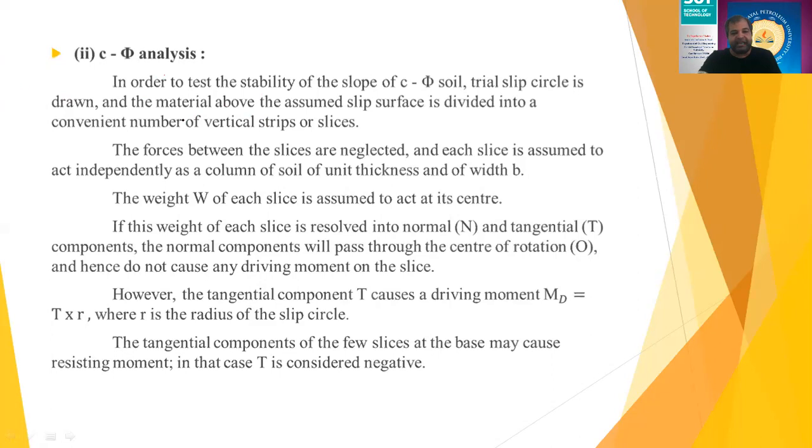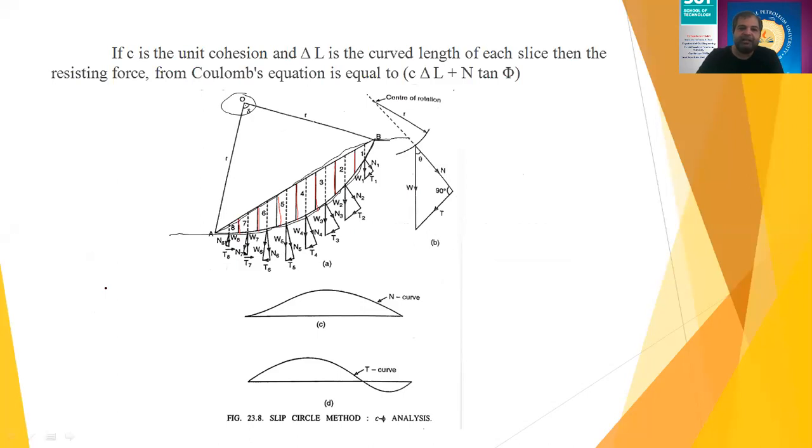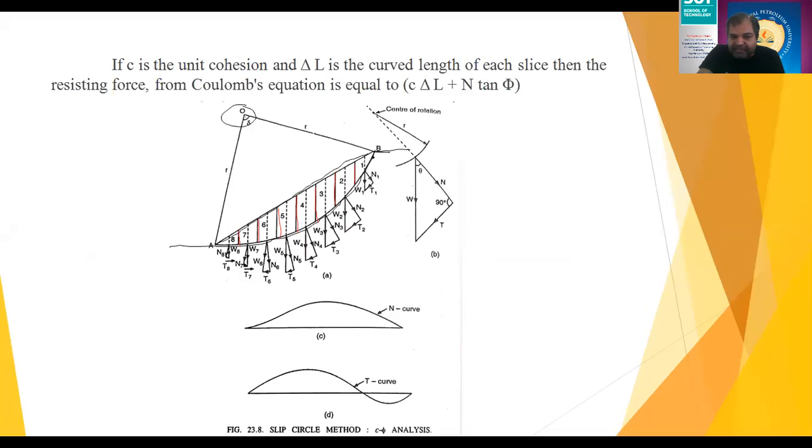If the weight of this slice is resolved into normal and tangential components, the normal component will pass through the center of rotation and does not cause any driving moment in the slice. Let's see how things will be. In the next step, once you analyze this way, from each midpoint, first of all, you need to put the weight component. So first you measure this length.